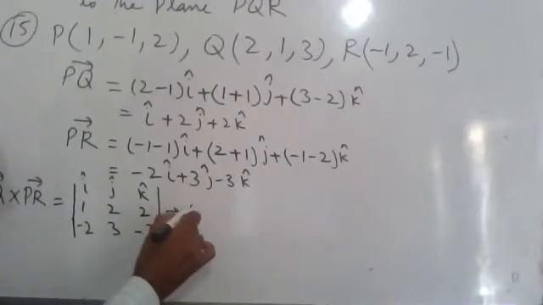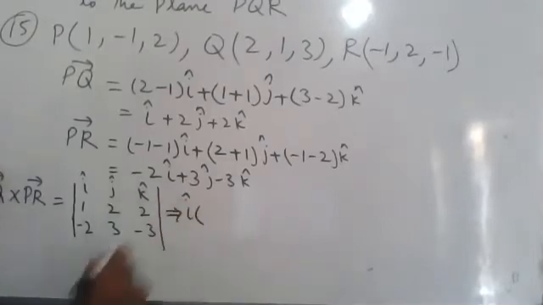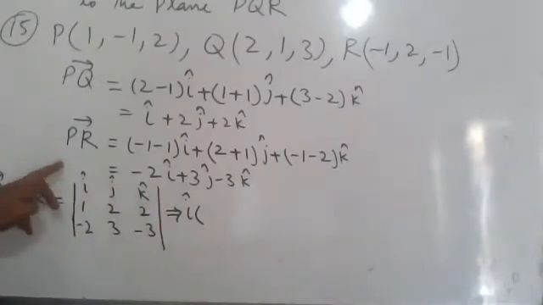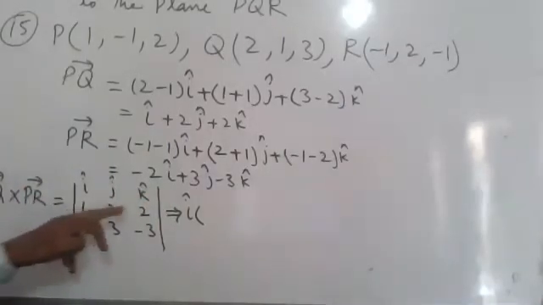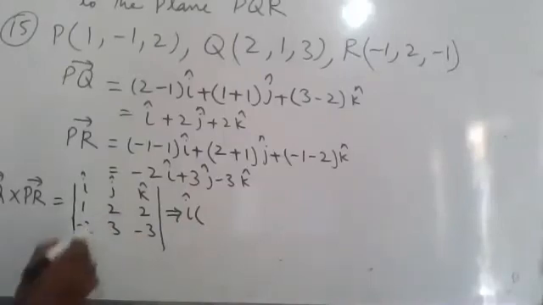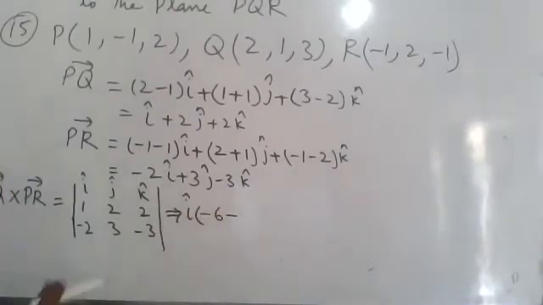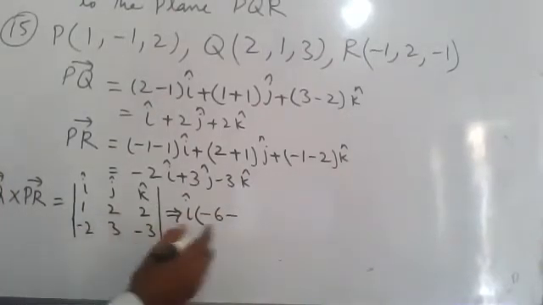For i, we leave the column of i and the row of i, so only 2, 2, 3, minus 3 are left. 2 into minus 3 will be minus 6 and minus 2 into 3 will be minus 6.